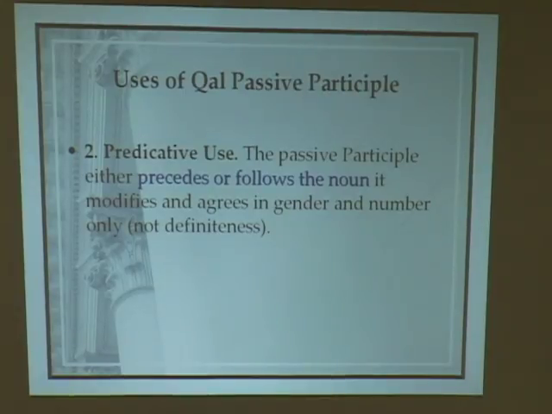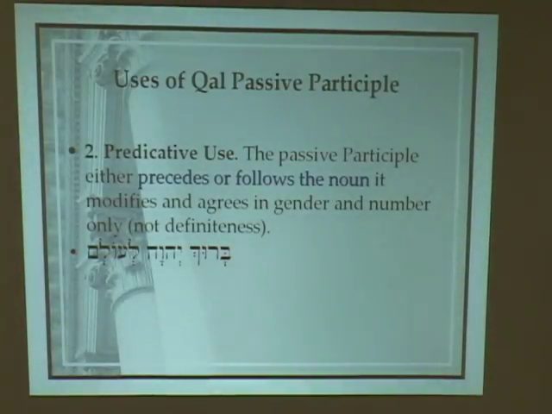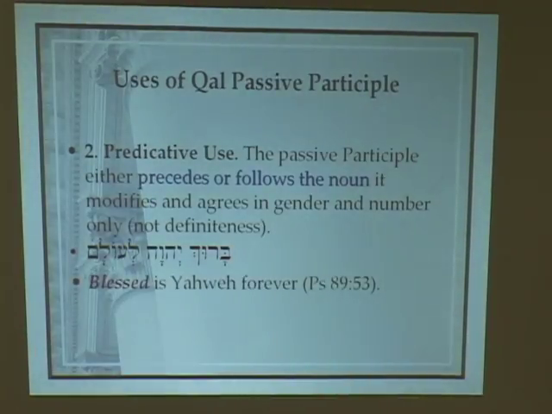So the only way to find out whether it's related to the noun nearby is if it agrees in gender and number with it. Baruch Adonai Leolam. Blessed is Adonai forever. There's your participle. So it precedes the noun in this instance.